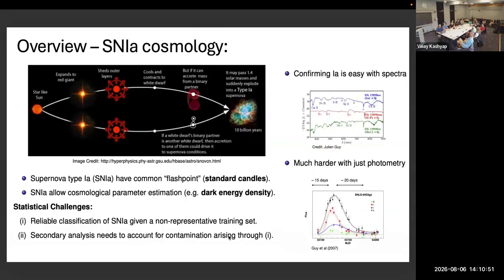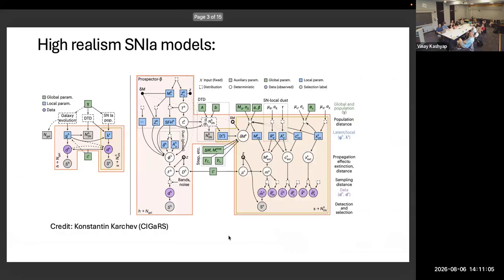Exactly. So there are type 1As that we care about and contaminants, which could be type 2, type 1BC, or types that we actually don't know yet, because at high redshift there might be some new anomalous types as well. Talking about 1As, Kosio gave this talk at CHASC.